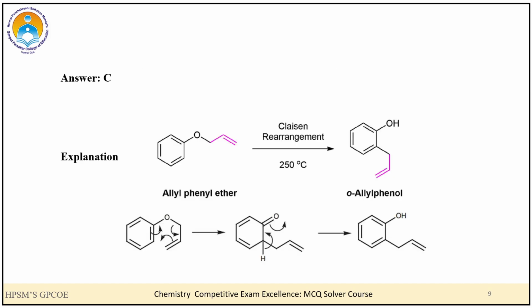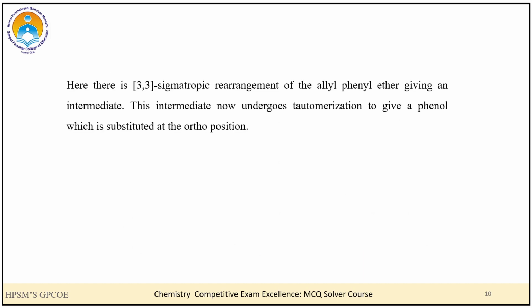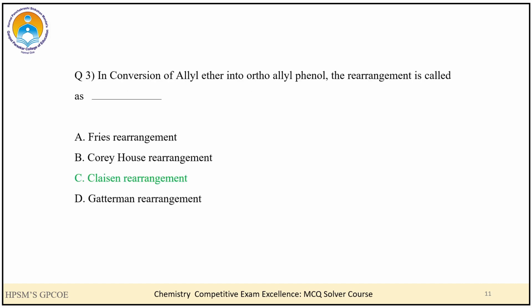So here allyl phenyl ether undergoes 3,3 sigmatropic rearrangement, giving an intermediate. This intermediate then undergoes tautomerization to give phenol, which is substituted at ortho position. So the correct answer will be option C, that is Claisen rearrangement.